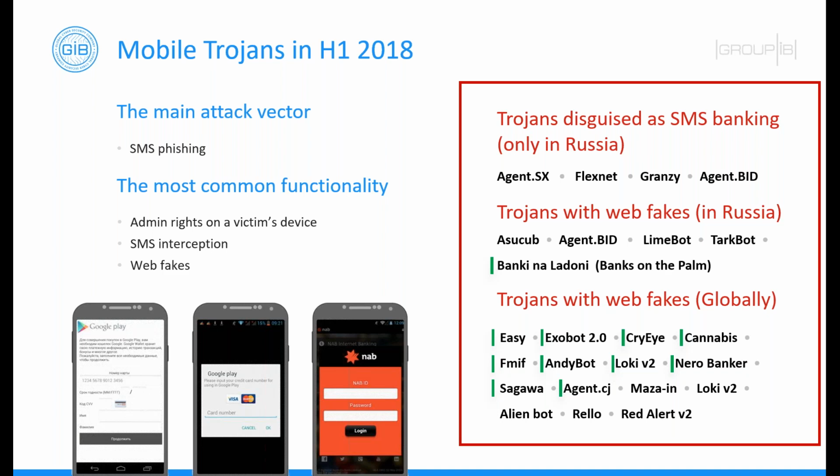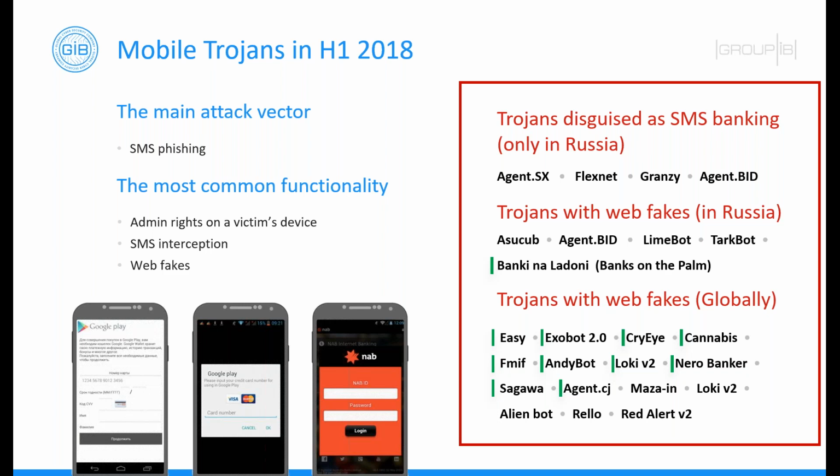Still, cybercriminals continue to pay a lot of attention to smartphones and to Android in particular, and we see that some malware families and cybercriminal groups are stopping their operations. Some of them continue to develop new Trojans, and in the red table, the malware families marked in green are at the moment very active and continue to infect users and steal their credentials.